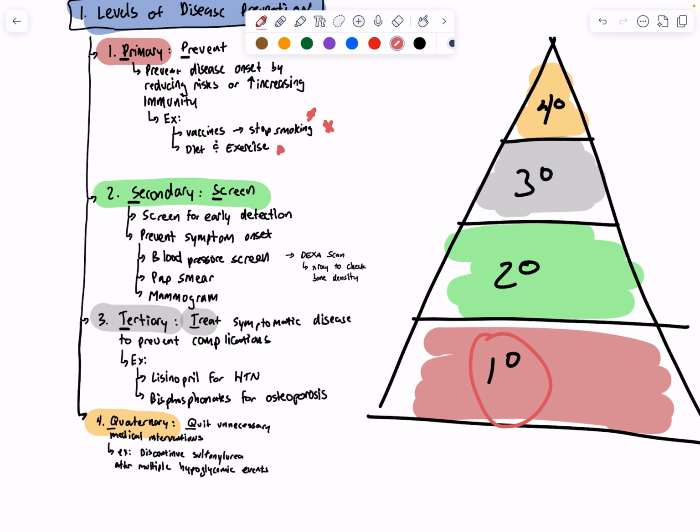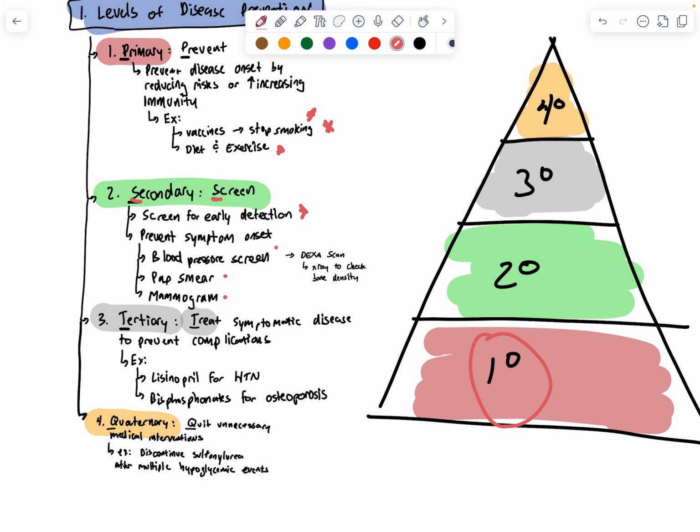Secondary prevention is screening. So screening for early detection, so S and S. Preventing symptom onset is another goal of the screening. So blood pressure screen, doing a pap smear or mammogram.